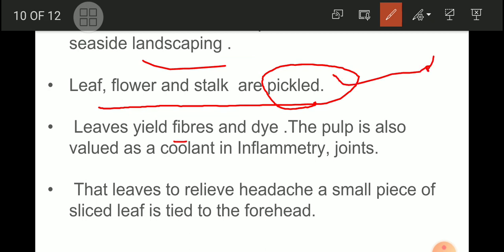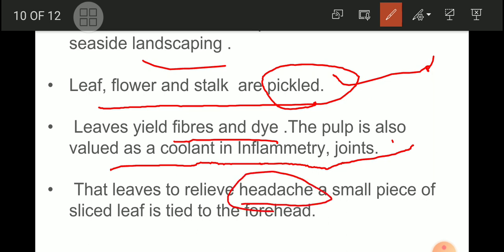Leaves yield fibers and dyes. Pulp is also valued as a coolant in inflammation and in joints. The leaves relieve headache. A small piece of a sliced leaf is tied to the forehead.